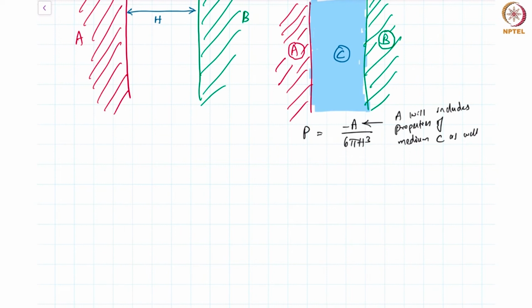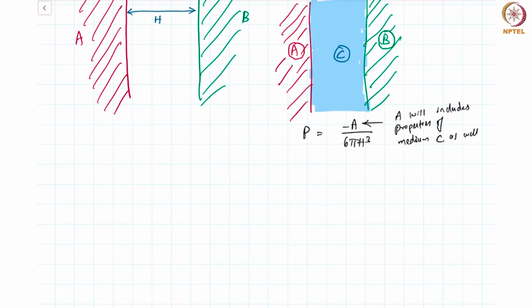So physicists have basically calculated the Hamaker constant for a wide range of combinations. And we will basically not be calculating this from first principles, but we'll be assuming standard values for various situations based on the values available in literature.